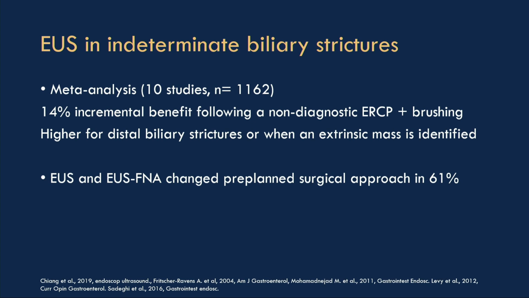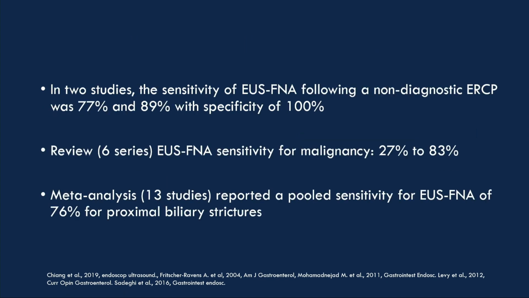In studies, it is shown that echoendoscopy with FNA changed the pre-planned surgical approach in 60%. And the sensitivity of echoendoscopy with FNA is quite good also for proximal strictures.